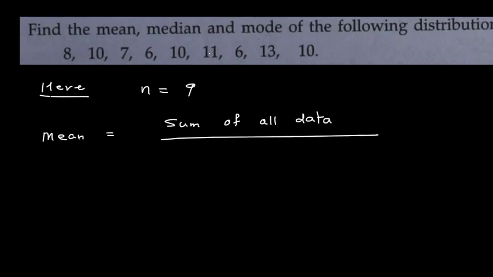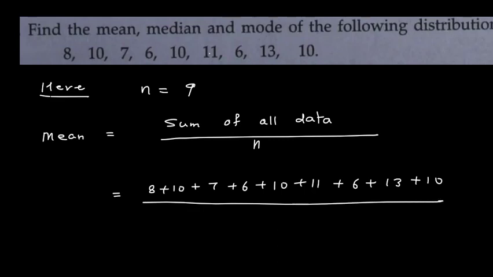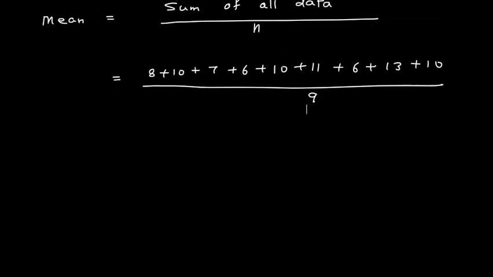The formula for mean is the sum of all observations divided by n. So here the sum is 8 plus 10 plus 7 plus 6 plus 10 plus 11 plus 6 plus 13 plus 10, divided by 9 numbers.